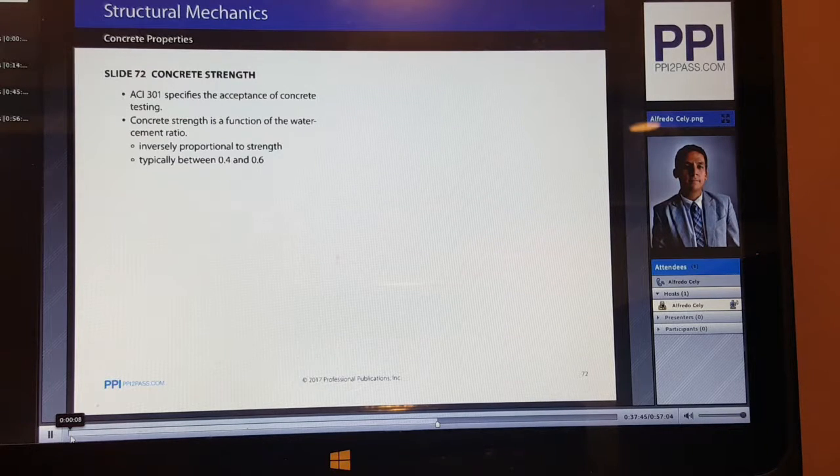Now for concrete strength, the American Concrete Institute, which is known as ACI, under their specification 301, details the acceptance of concrete testing. Concrete strength is a function of the water-cement ratio. It's inversely proportional to strength, and the water-cement ratio has to be typically between 0.4 and 0.6.